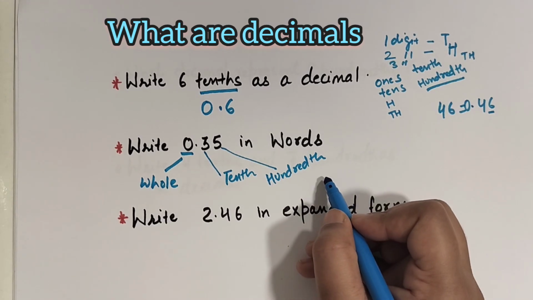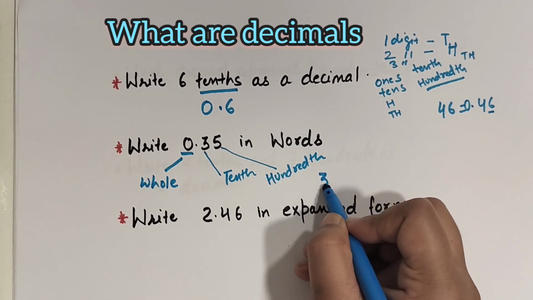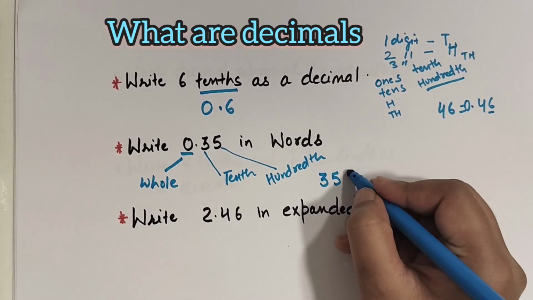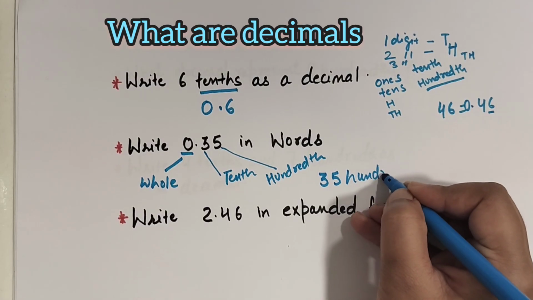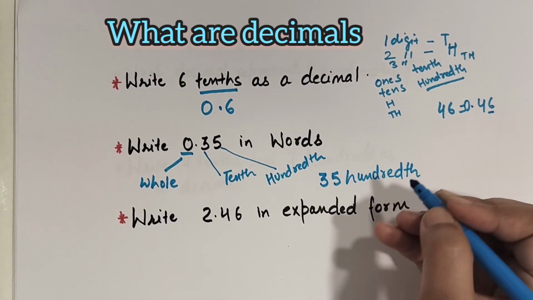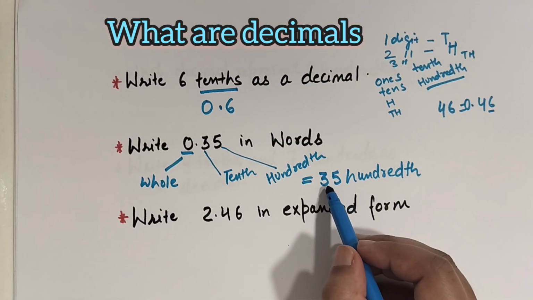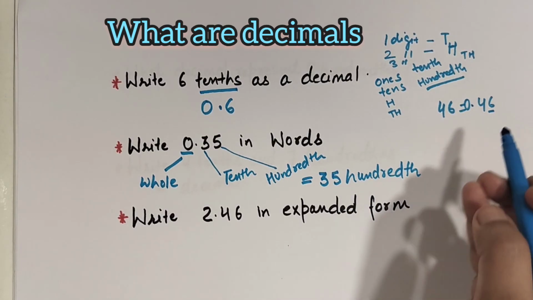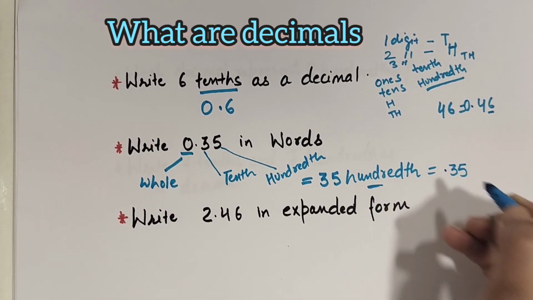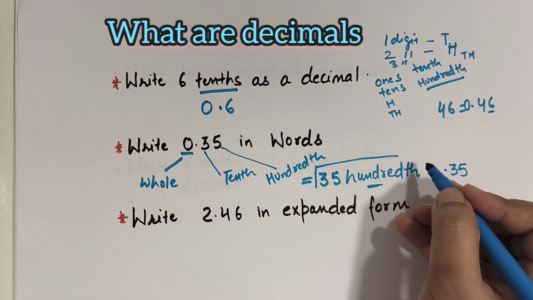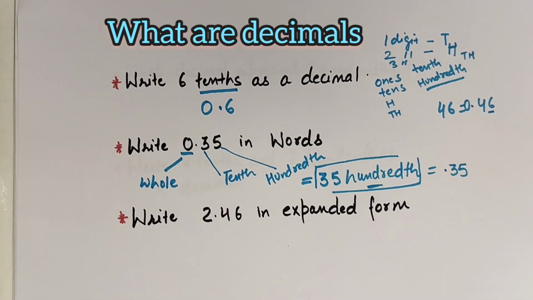The question ends at the hundredths digit, so we can write 35 hundredths as the answer. Because if we change this into a decimal, we will get 0.35. Why? Because we have 35 as hundredths, and hundredths is the second digit after the decimal.